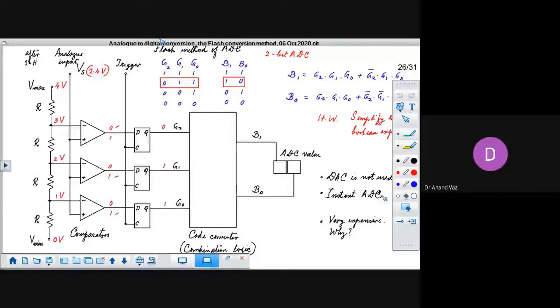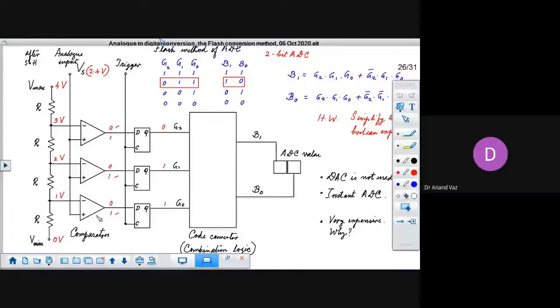And we saw that just for a 2-bit representation, we needed 4 resistances. We required 4 minus 1, that is 3 comparators and 3 latches. If we wanted a 3-bit representation, 2 raised to 3 is 8, so we would have had 8 resistances here, so that we could divide it into 8 equal parts.